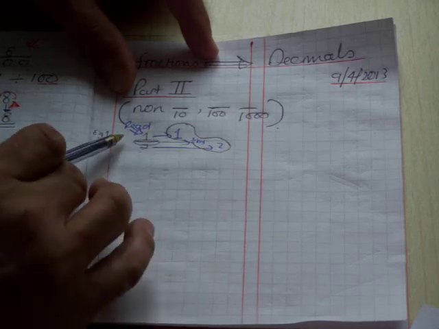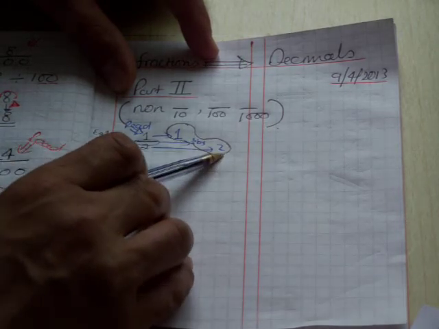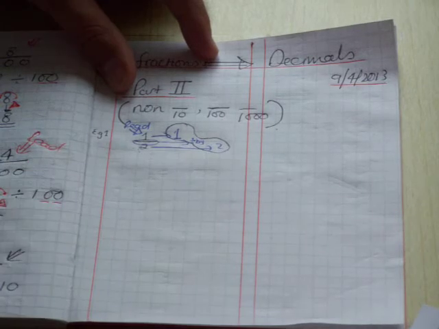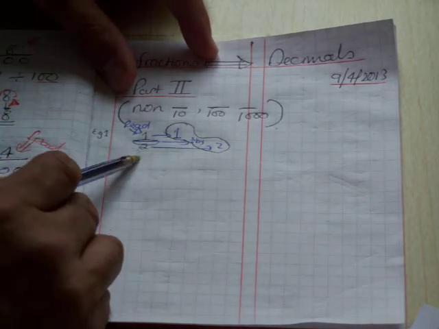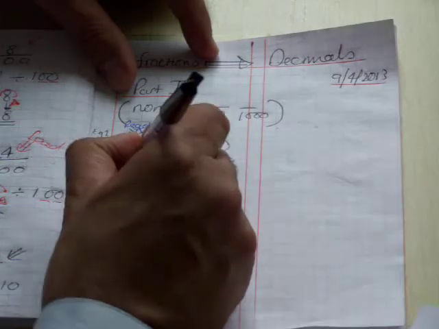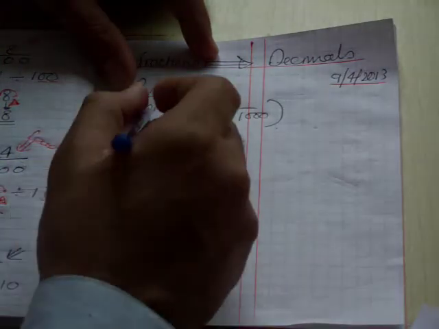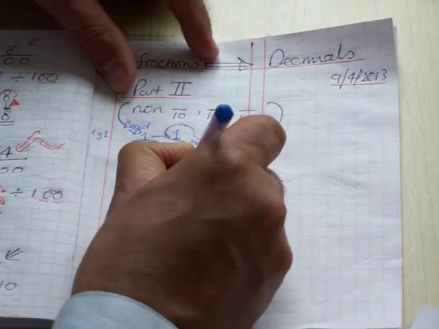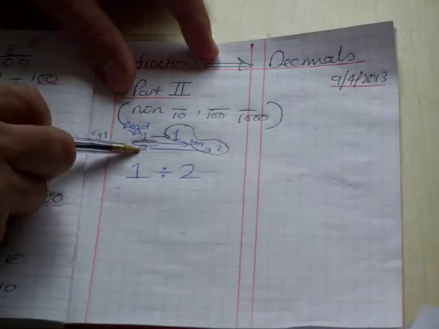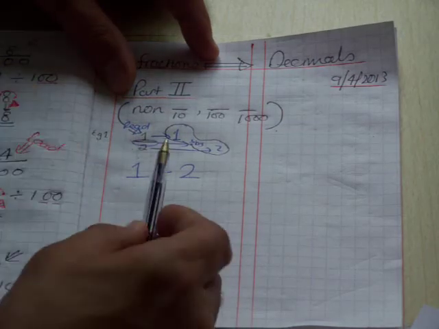The first part of this, reading the fraction, is exactly the same as the previous week's lesson, changing tenths and hundredths into decimals. So we've got to be able to read the question. So now let's rewrite over here. So a half is 1 divided by 2.